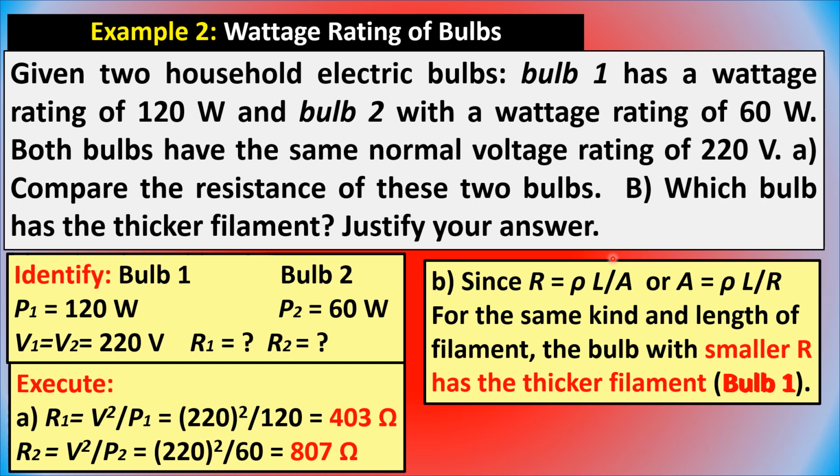The greater the radius of that filament, the thicker it is, and therefore the greater the cross-sectional area. But it is the thickness or the area that we are trying to compare to the resistance of the bulb.